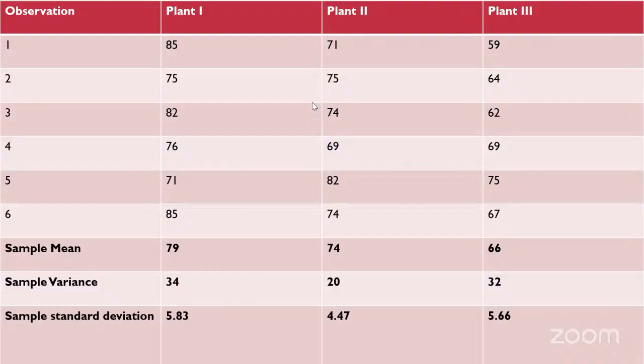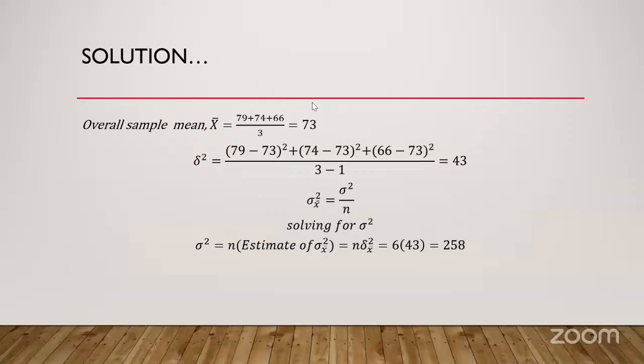Then you look at their mean. Plant 1 mean is 79, the mean of all the bags made. Then plant 2, 74, and the other one is 66. If you look at their variance, it is as shown. Then the standard deviation, which is the square root of variance, is as shown. Now, when you use this to calculate ANOVA, it is about comparing the means, the overall mean.